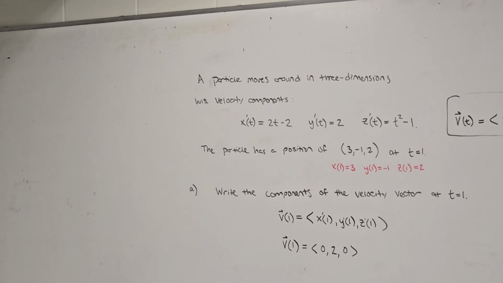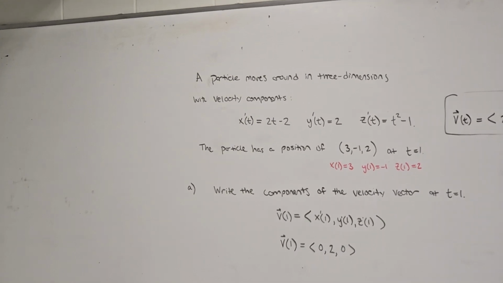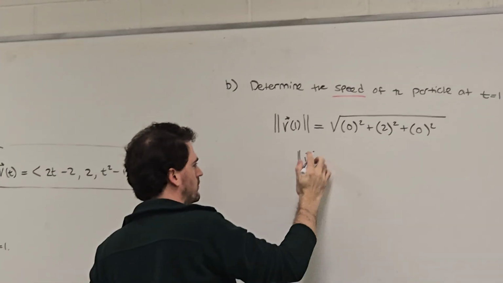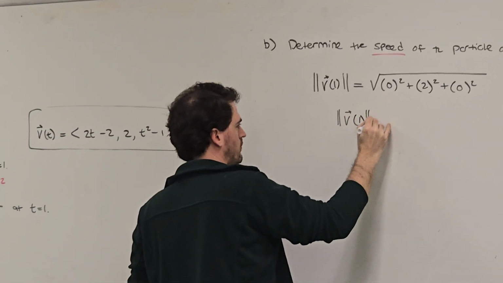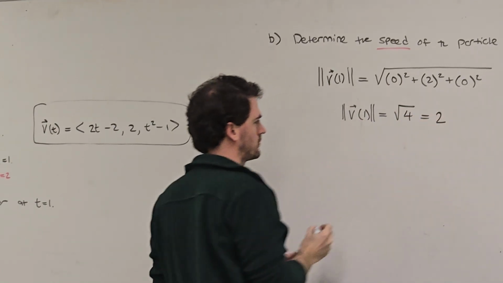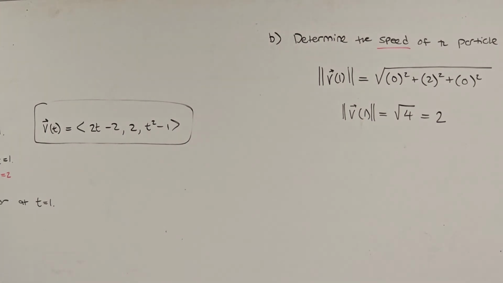So the speed is 2. Does it have any units, or is it just 2? If we were given units here, like inches per second or feet per second, the speed would keep the same units.